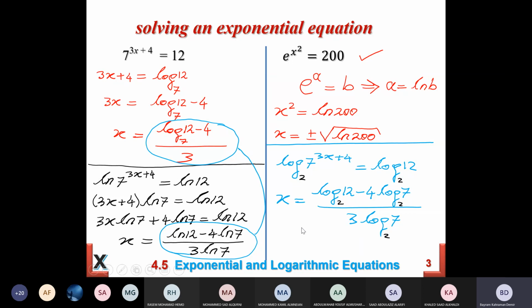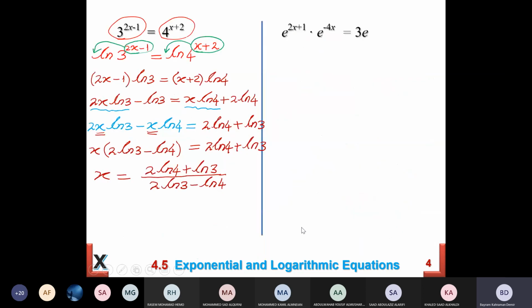Okay, good. Let's come to this page, Shabab. We have e to the power of 2x plus 1 multiplied by e to the power of negative 4x. Remember how we multiply? What do we do, Shabab? We add the exponents.